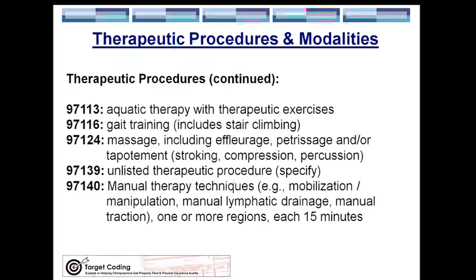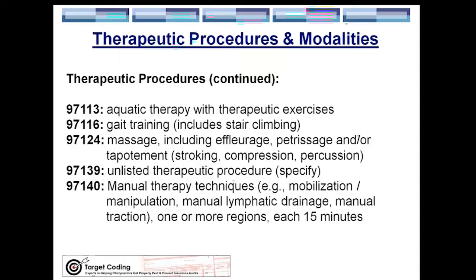Aquatic therapy, well, this has to be done in a water environment, so most of you are not going to be billing this. These are exercises in a non-weight-bearing position. Gait training is a very good code. It could be used for patients whose walking abilities have been impaired by some sort of neuromusculoskeletal abnormality.